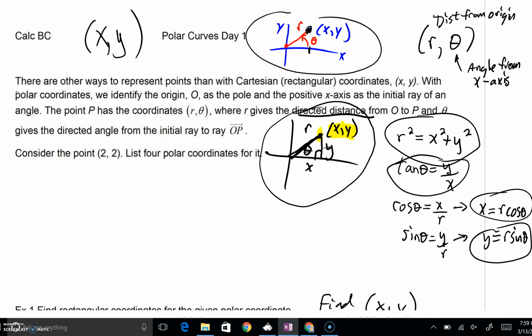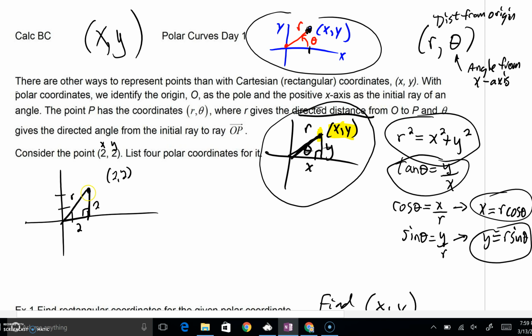Let's just consider this point 2, 2. If we were to look at 2 comma 2, we're so used to going 2 steps to the right and 2 steps up. We could say here it is, here's this point 2 comma 2. But we could build ourselves a little triangle right here and say that our x distance is 2 and our y distance is 2. You can wonder what our r value would be.